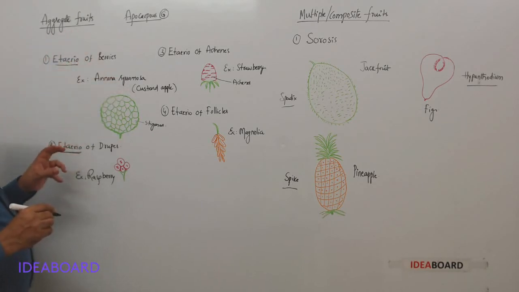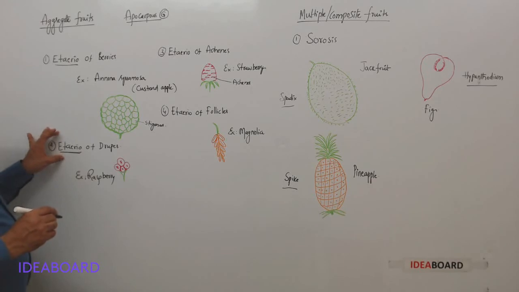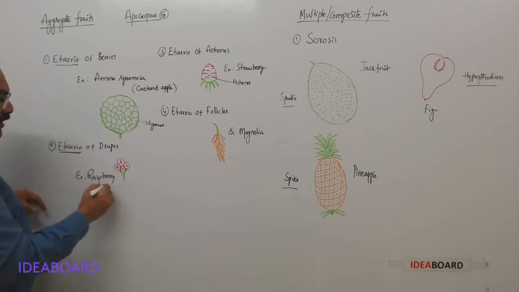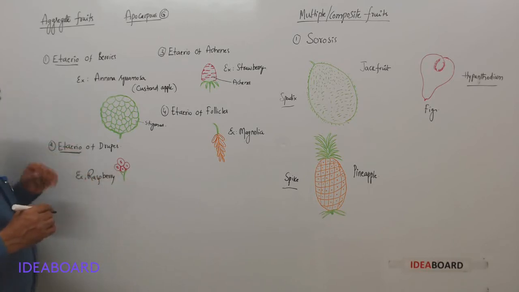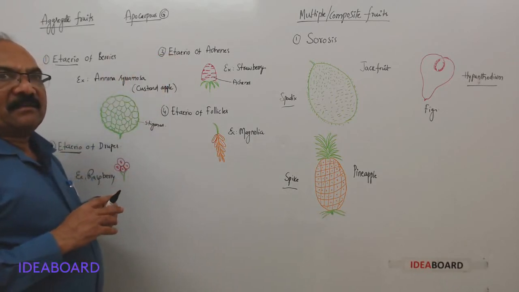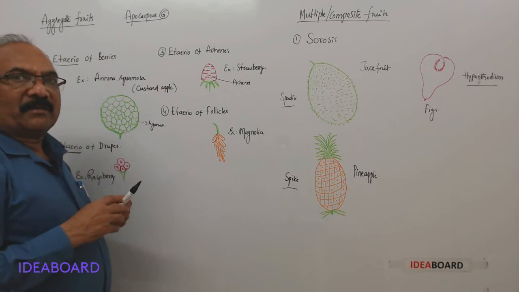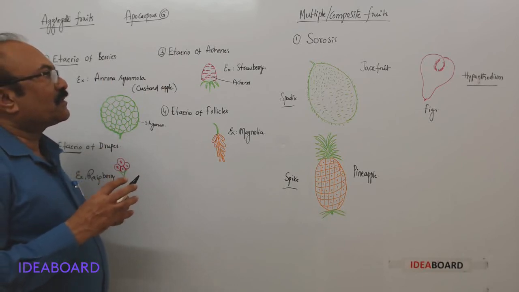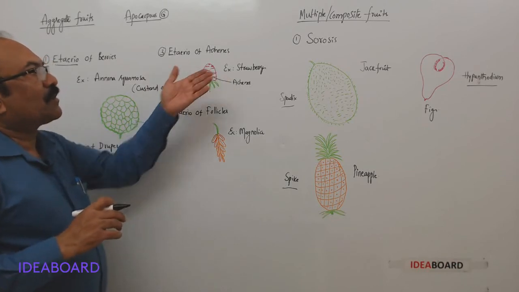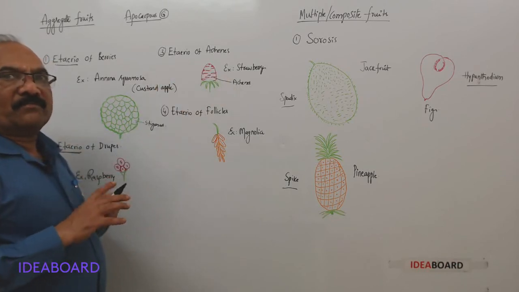And some will show the characters of drupes, with stony endocarp, and they are formed from one flower. The example is raspberry. So it is etaria of drupes. Like that, if you take the achenes, while discussing achenes I told you that these achenes are generally found among aggregate fruits. So strawberry, but of course don't get confused.